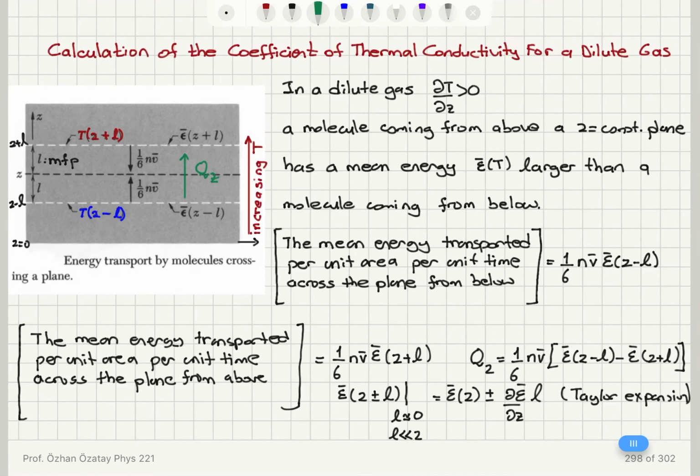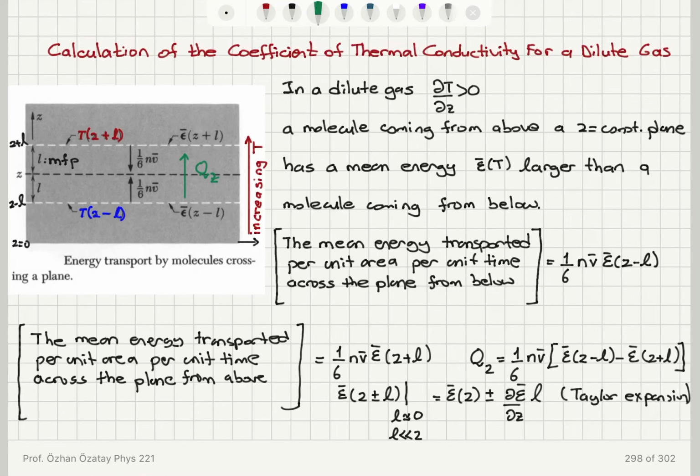So the mean energy transported per area per time across the plane, so that's the energy flux, 1 over 6 n v bar, epsilon bar z minus L from below and epsilon bar z plus L from above. So the net heat transported is 1 over 6 n v bar per area per unit time. It will be epsilon bar z minus L minus epsilon bar z plus L.